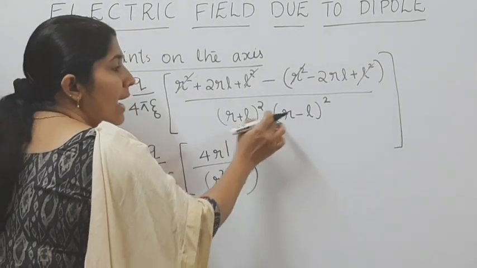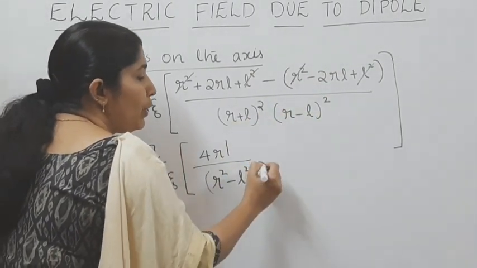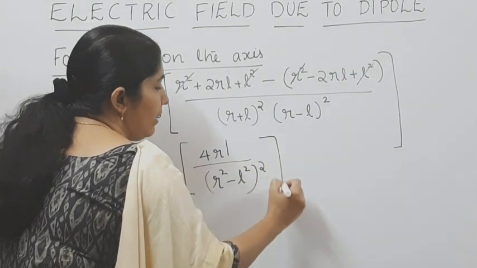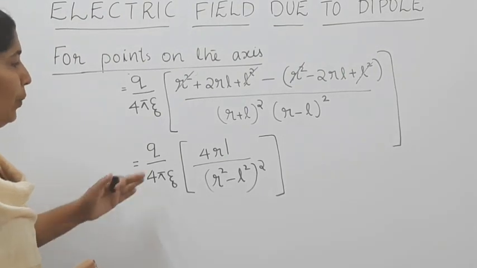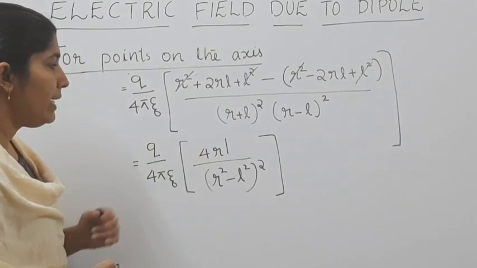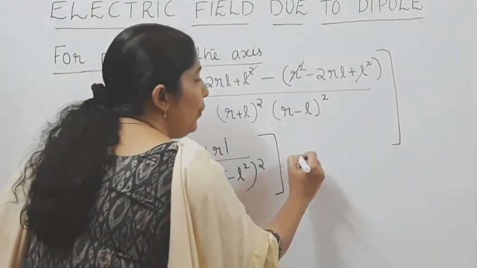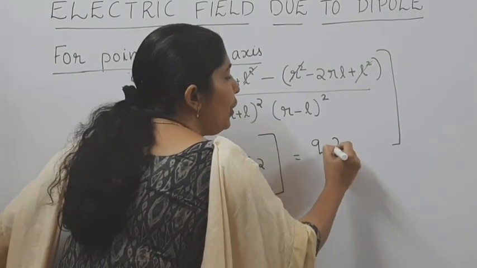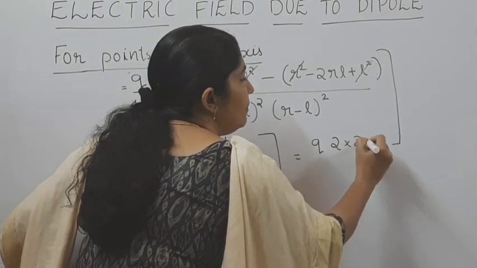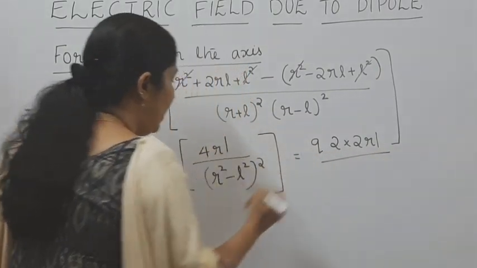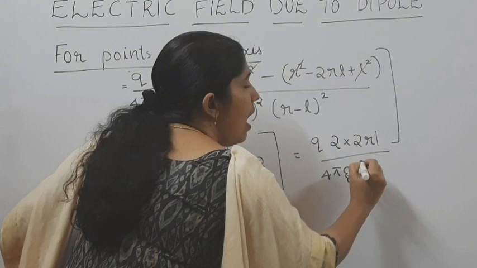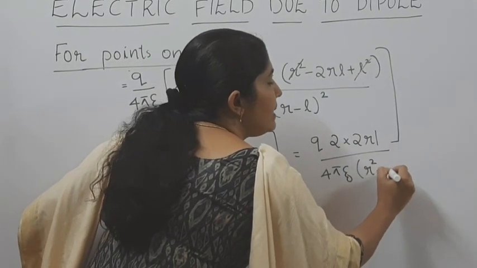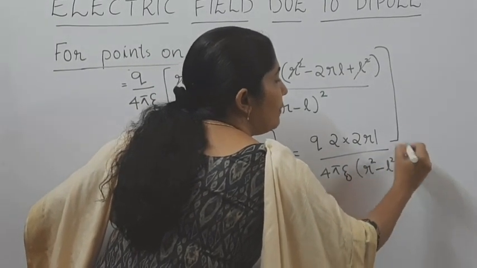Both the terms are having squares, therefore we want to write square here. Now once again we want to rearrange this, that is equal to Q into 2 into 2rl divided by 4 pi epsilon 0 into (r square minus l square) the whole square.